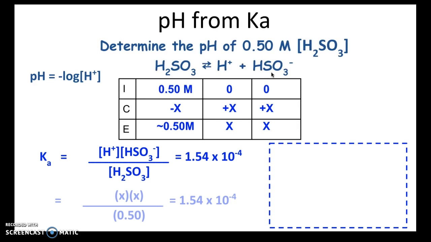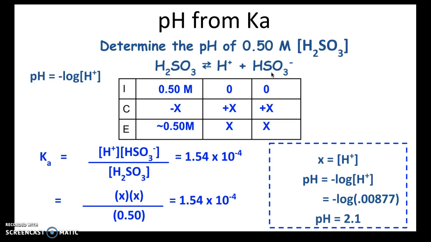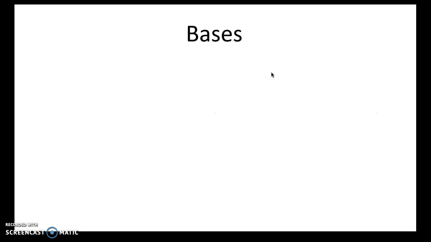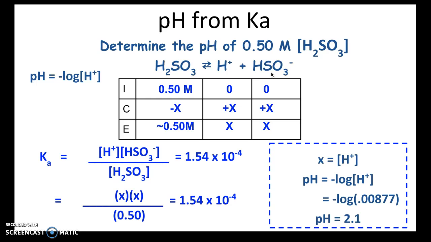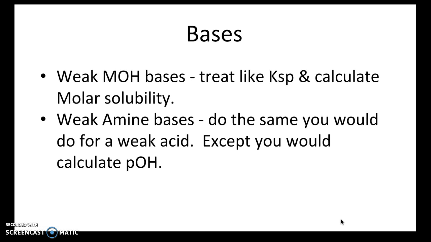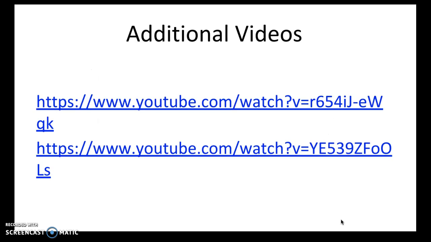And if it's a base like NH3, an amine base, we would do what we did here for the Ka. So that's how we would do it for bases. Once you have the concentration of OH minus, you would use that to get the pOH for your base, and that's the sort of thing that you would do to solve.